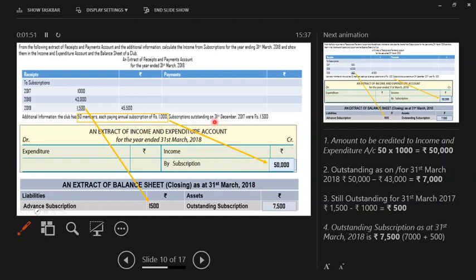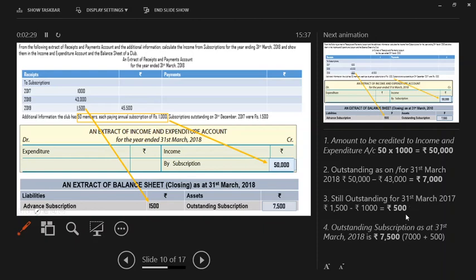So do remember, in case this adjustment is not given, in that case we are assuming 1000 was supposed to be received and 1000 received. So no such calculation required to find out the still outstanding of last year or a previous year. But in an adjustment, if it is clearly mentioned that there is some amount which is supposed to be received, 1500 was supposed to be received, that is the outstanding of previous year, but you are receiving only 1000, so it makes it clear that 500 is your pending amount, outstanding amount, which you are supposed to receive.